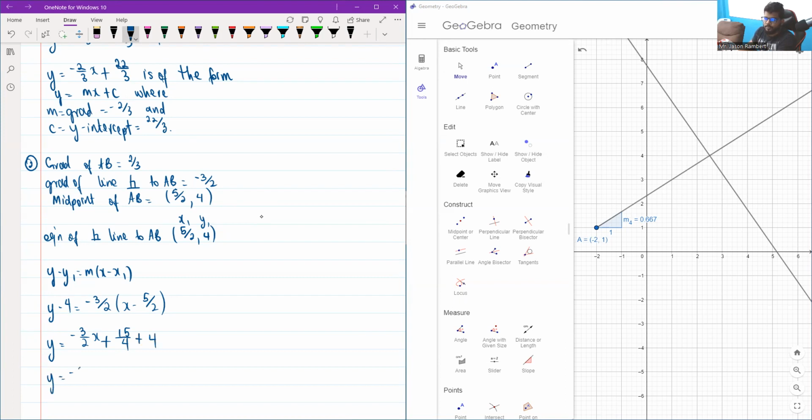Y is equal to -3/2x plus 15/4 plus 4, that is 16/4. 15 and 16 is 31, so 31/4. Then finish off your statement in the required form, and that's your answer. Good to go?